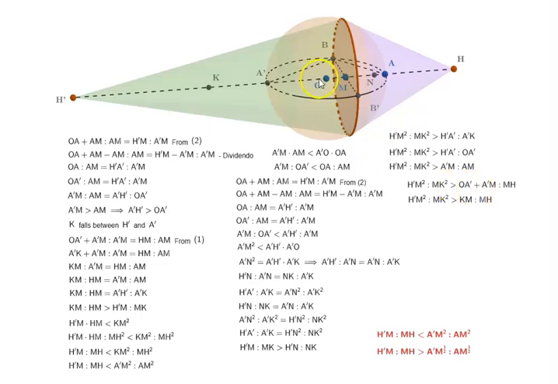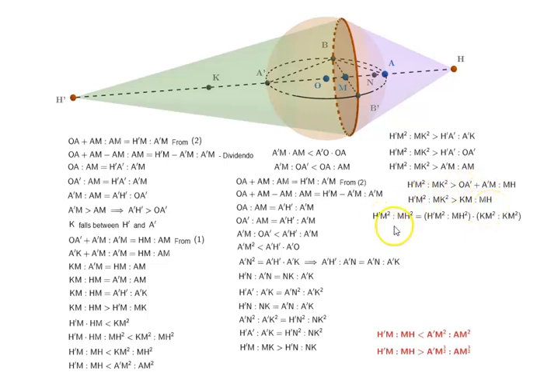So H'm square is to mk square is greater than km is to mH, because OA' plus A'm, since OA' is equal to A'k, we can say km by adding these two. So km is to mH.